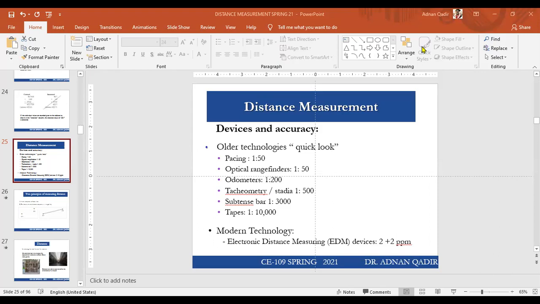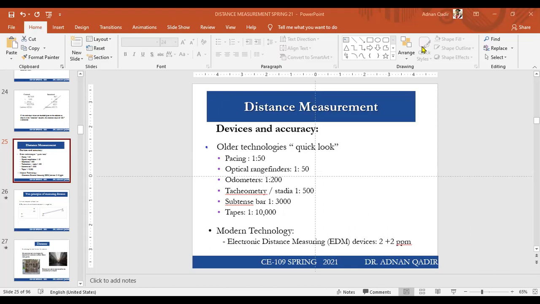The more sophisticated equipment you use, the more accurate it will be. But it depends upon the situation and the application of that distance to your work.